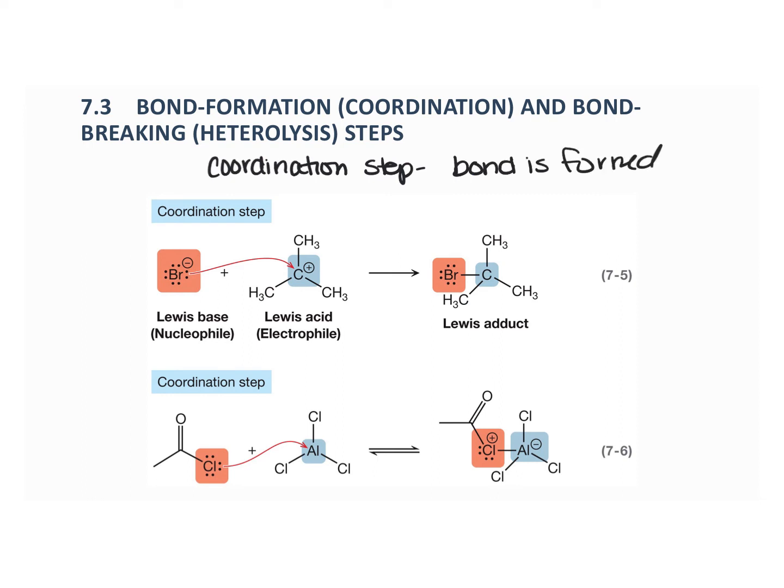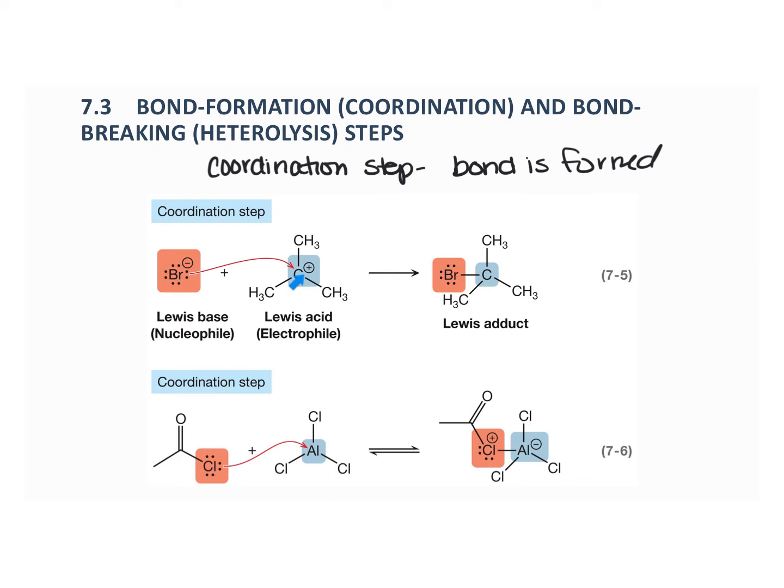Now, I want you to look at this. Notice how the single curved arrow in equations 7.5 and 7.6 depict the flow of electrons from an electron-rich site to an electron-poor site. Bromine here is negatively charged, so that's why it's electron-rich.